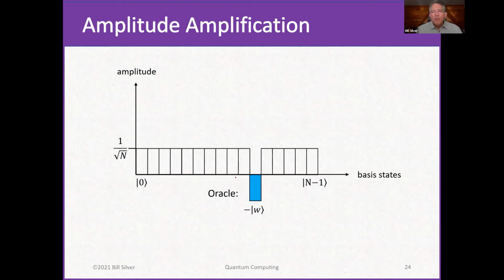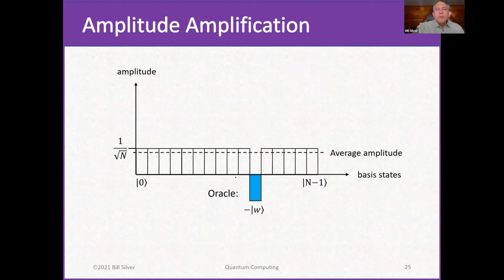All right, so now the picture looks like this. That's what the oracle has done for us. It's marked this winner. But the amplitudes still have the same magnitude. Now, let's imagine that we can compute the average amplitude of all of the basis states.